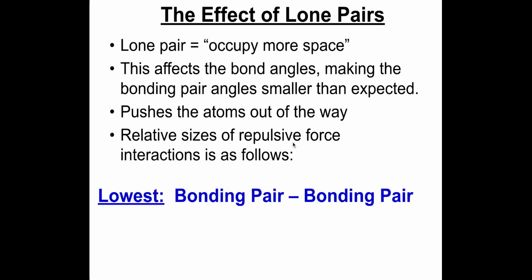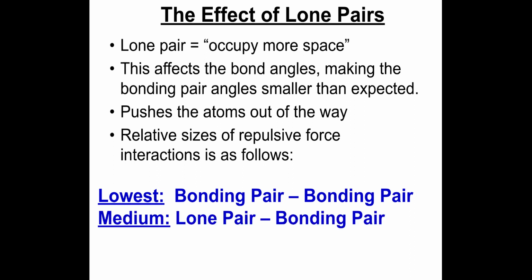So the lowest repulsive force is going to be where you have bonding pair and bonding pair, right? So you have a bonding pair of electrons where they're being shared between two atoms, and you have another bond with another atom, and so both pairs of electrons are being shared, and so they don't take as much space. So that's going to be the lowest repulsion that you have.